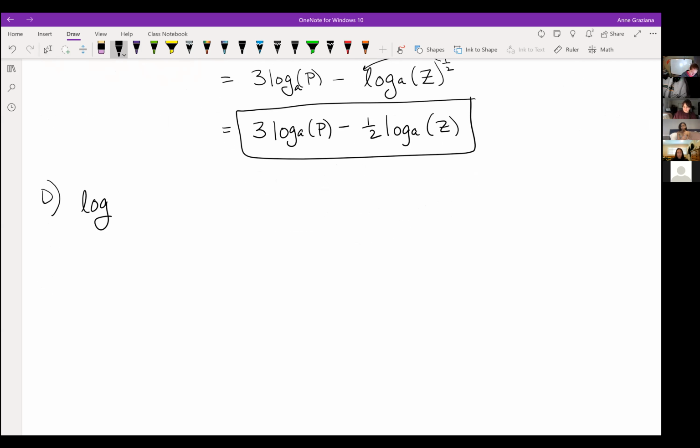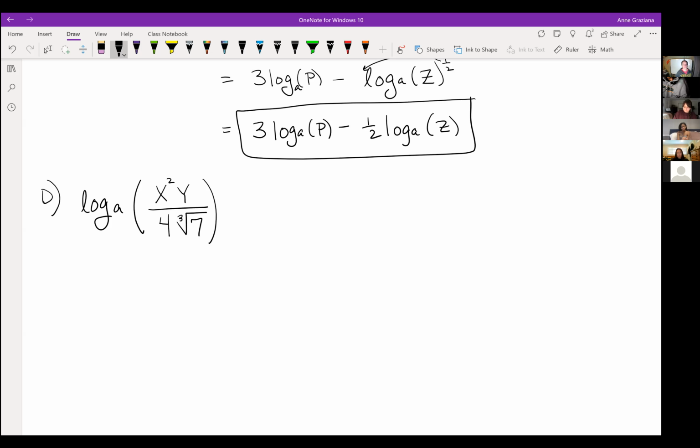Okay, so log base A of x squared y over 4 times the cube root of 7. That's like everything.